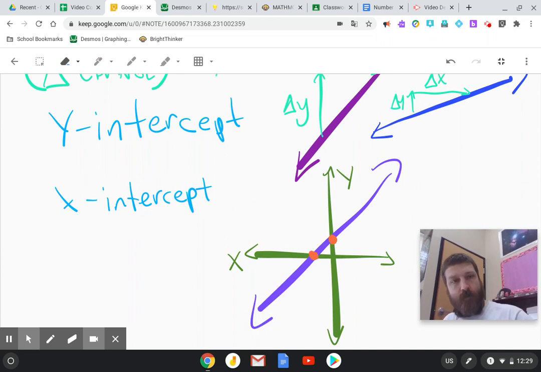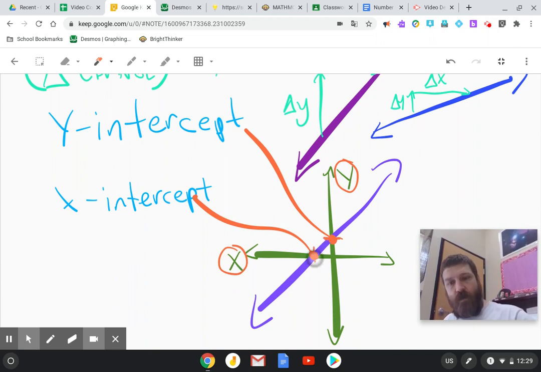This point is the y-intercept. This point is the x-intercept, because the y-intercept is where it crosses the y-axis, and the x-intercept is where it crosses the x-axis. So whatever this number would be on that axis, that's the number for the x and y-intercept.